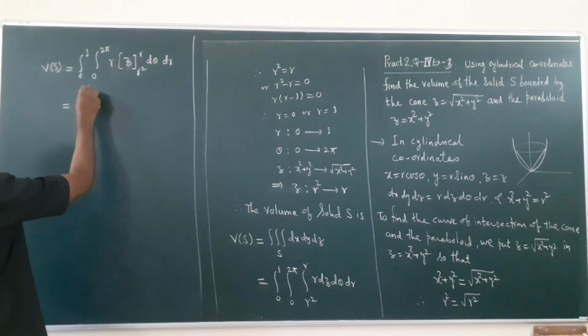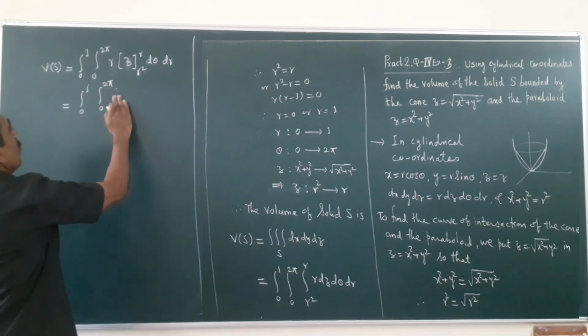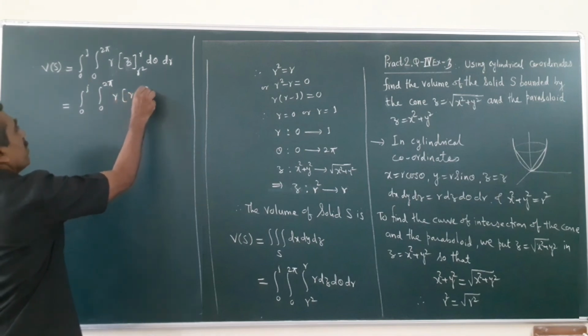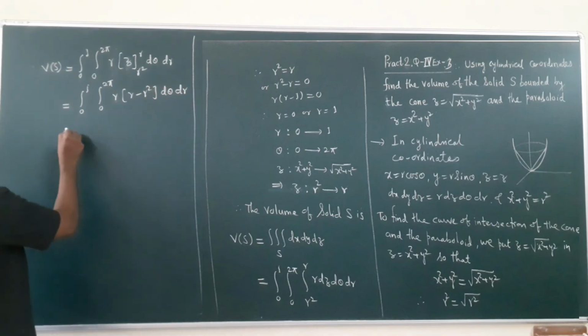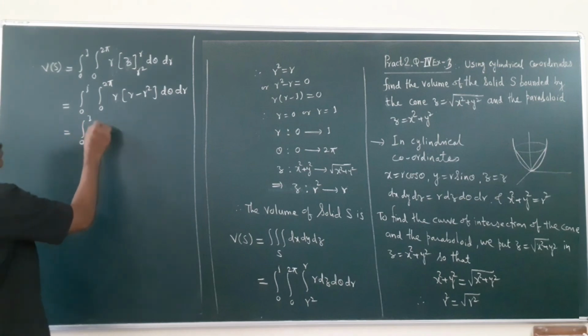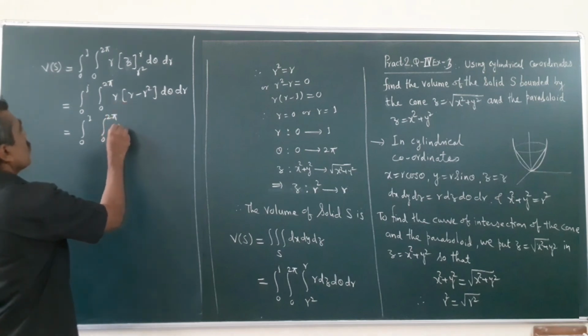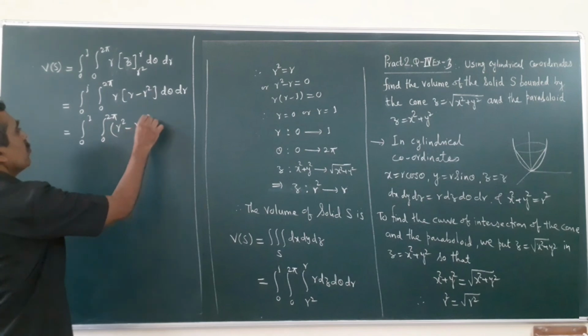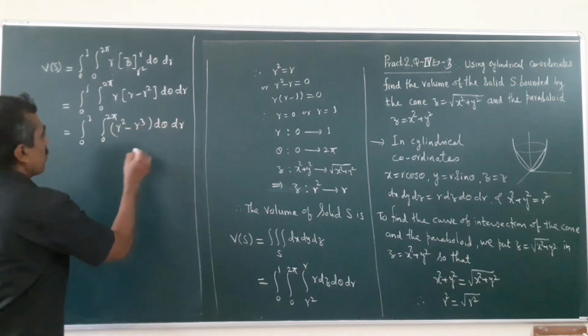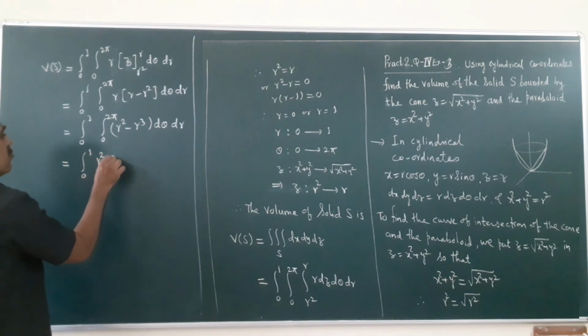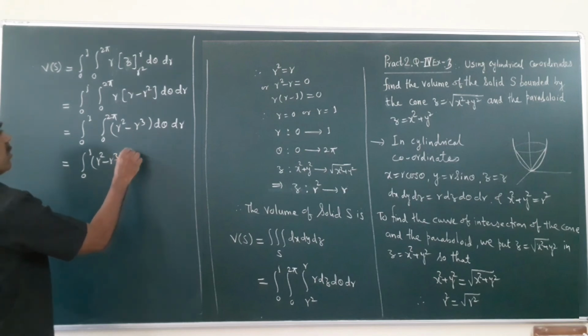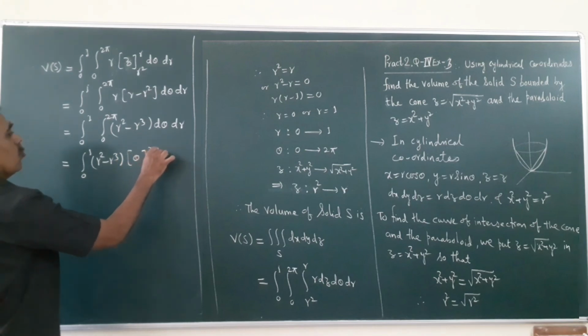Therefore, this is integral 0 to 1, integral 0 to 2 pi of r into (r minus r square) d theta dr. This equals integral 0 to 1, integral 0 to 2 pi of (r square minus r cube) d theta dr. Now I will take r square minus r cube outside, and the integral of d theta is theta from 0 to 2 pi.